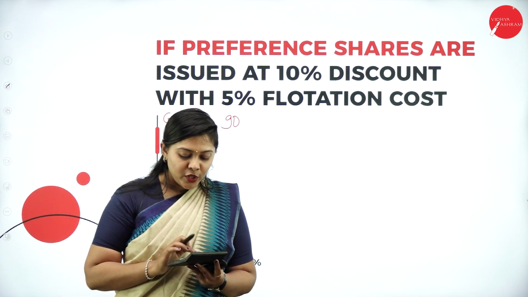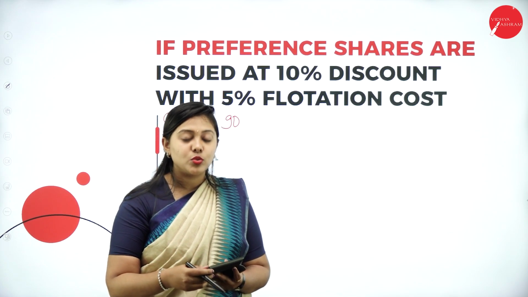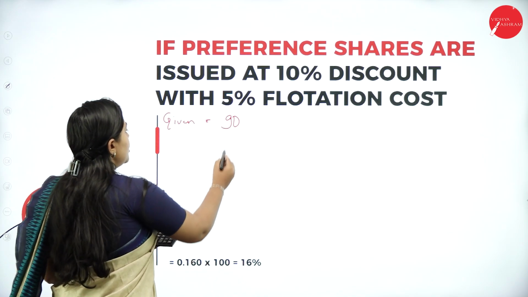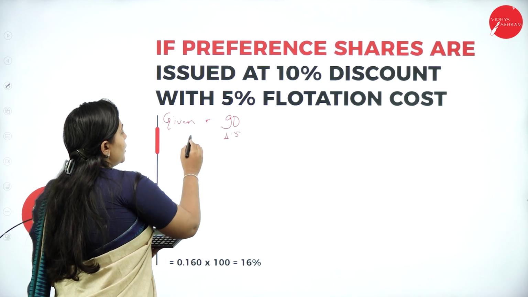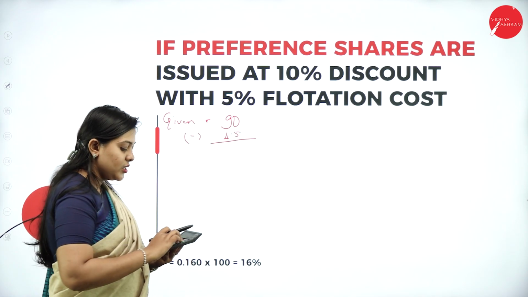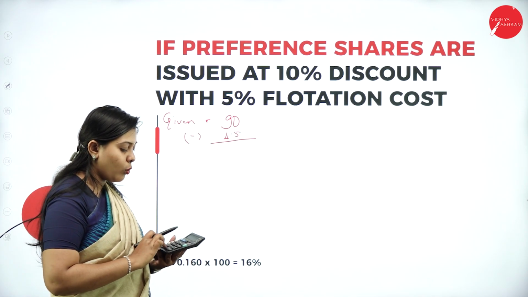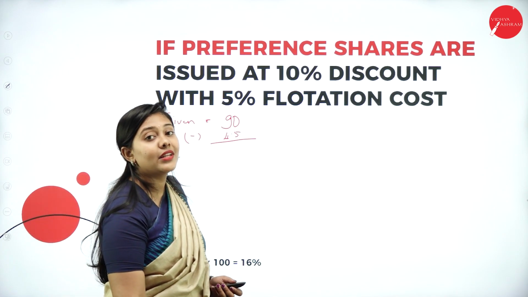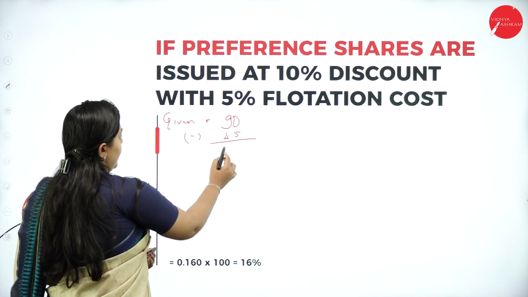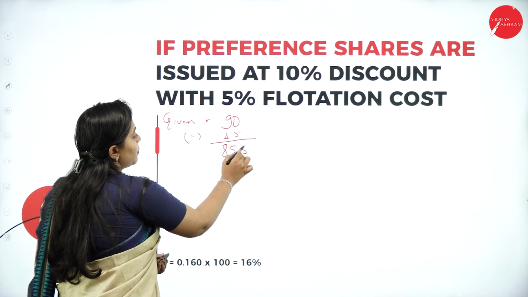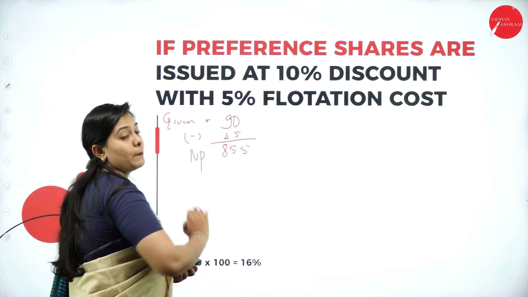So 90 into 5%, it will be 4.5. So if you deduct, you'll get 90 minus 4.5, the answer will be 85.5. 85.5 is your net proceeds.